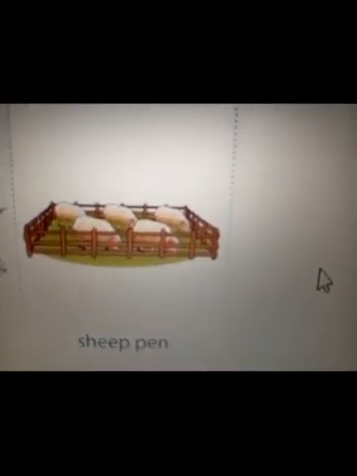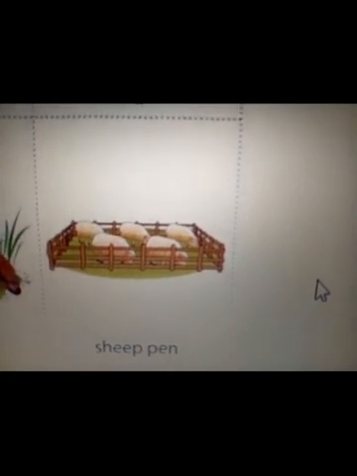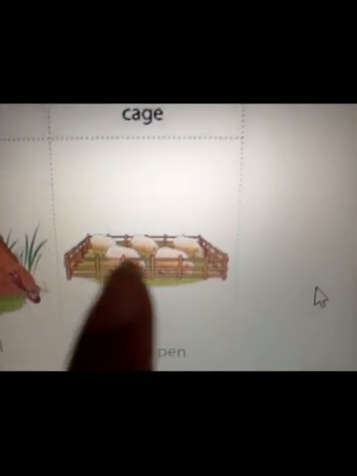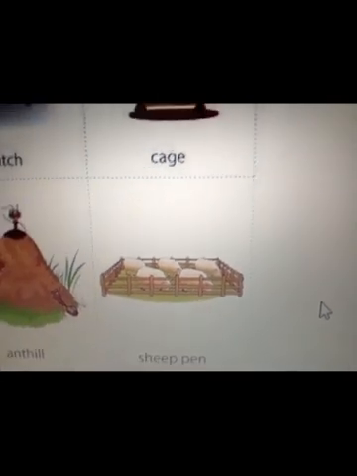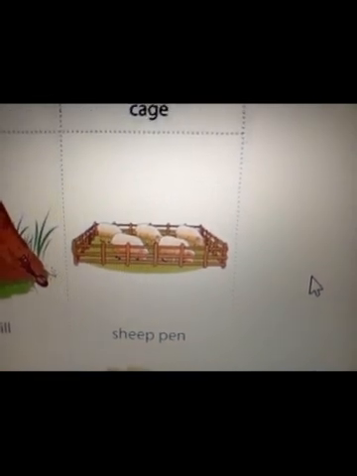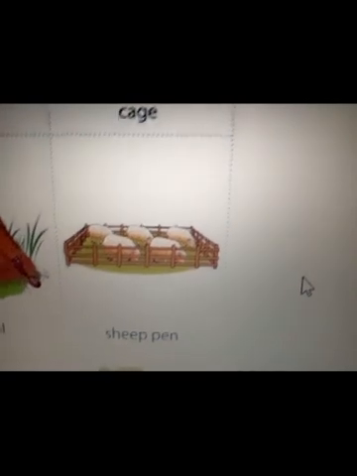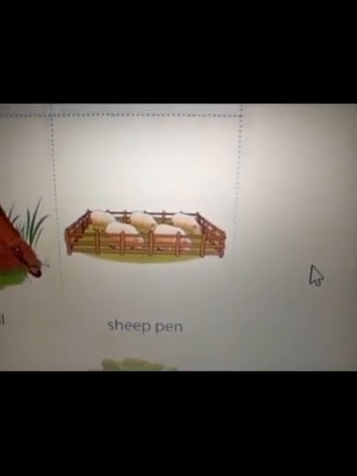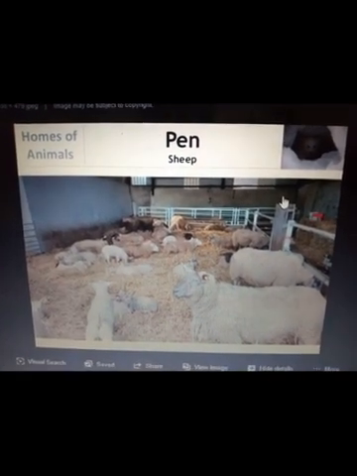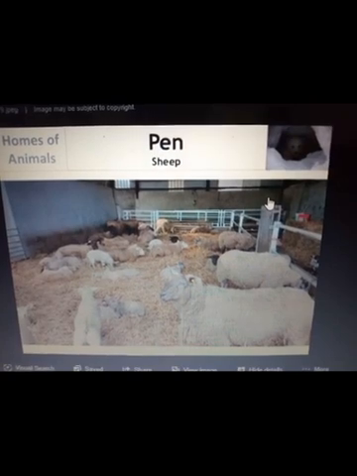And pen is a small piece of land surrounded by fences where sheep are kept. So it is a shelter for sheep. So these are some shelters built by human beings for animals.